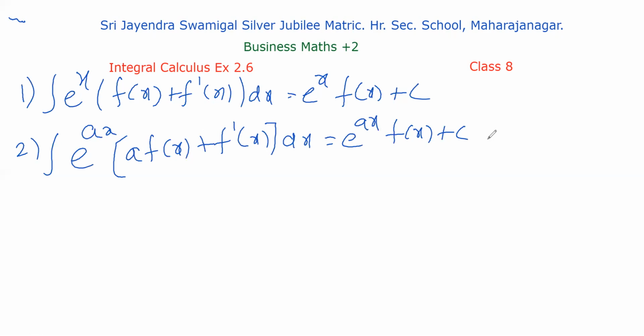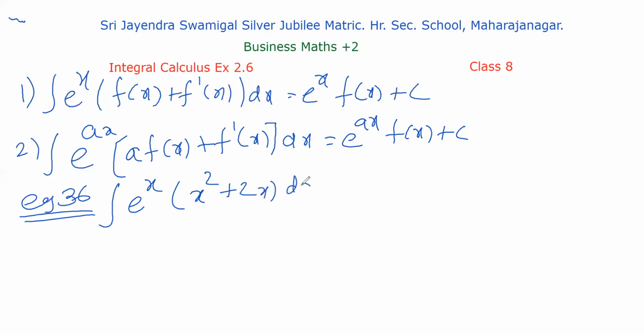Now we'll see example 36. Integral e power x into x square plus 2x dx. Here you see e power x, and the first function x square.